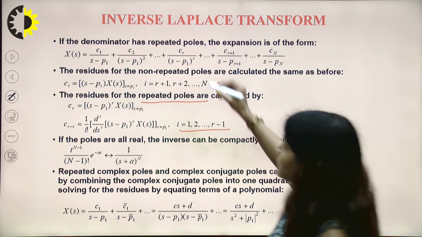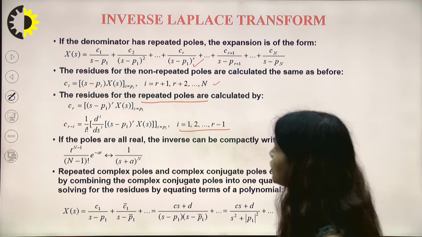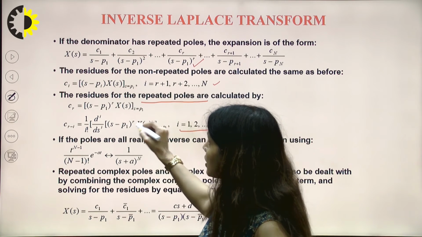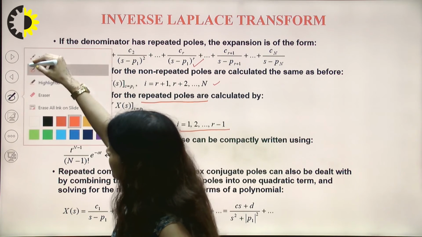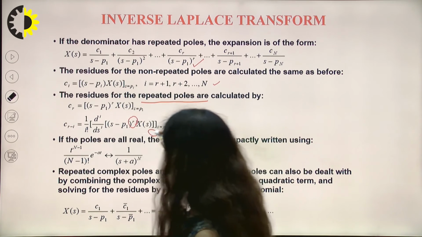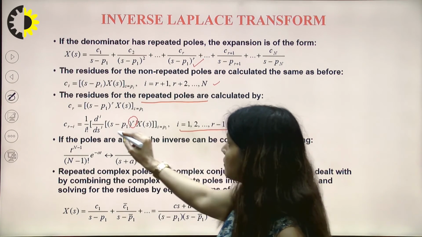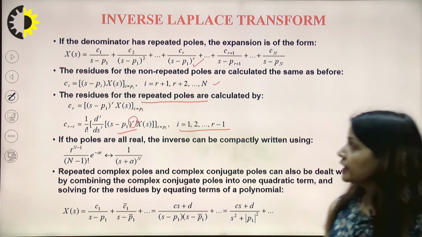Since this is repeated R times, the power will come out to be R. So this point is to be noted very carefully, that how many times the poles are getting repeated is important.